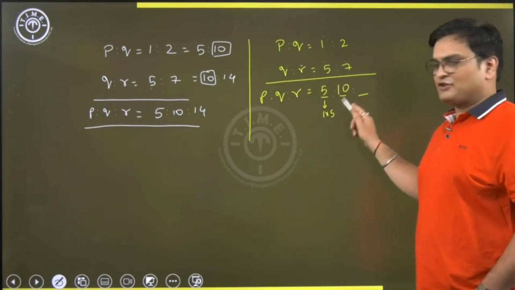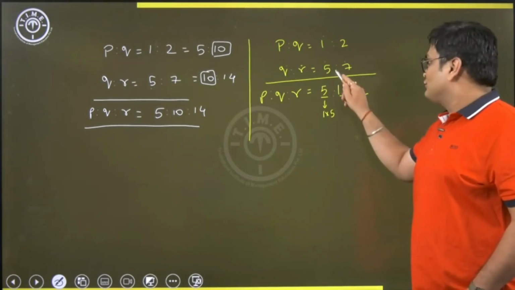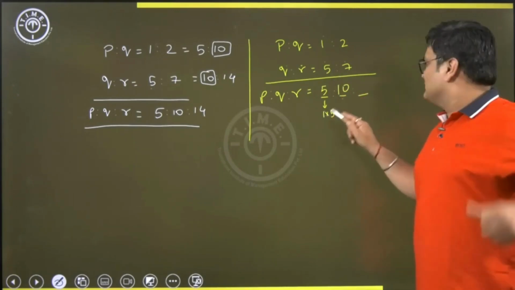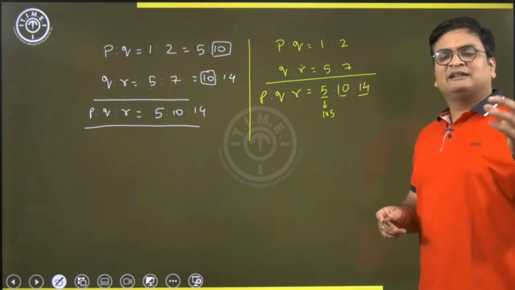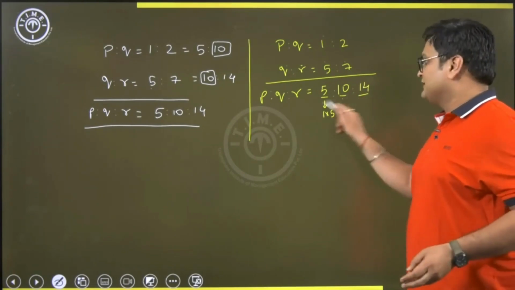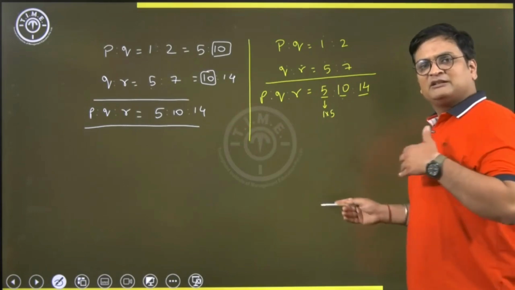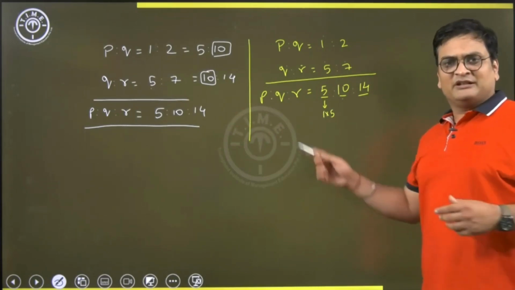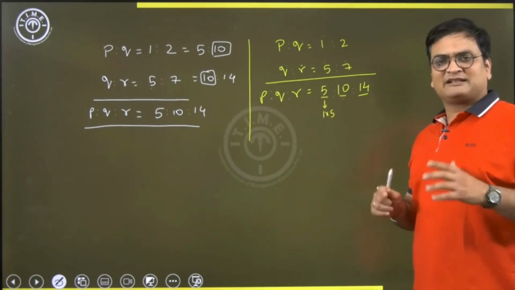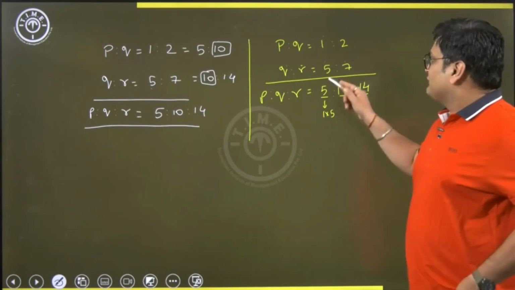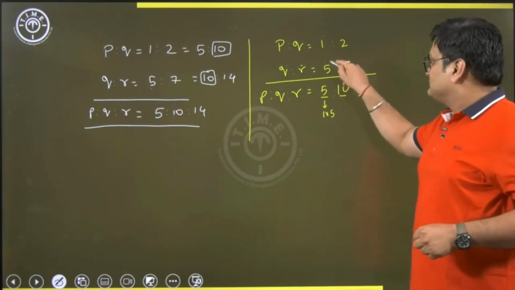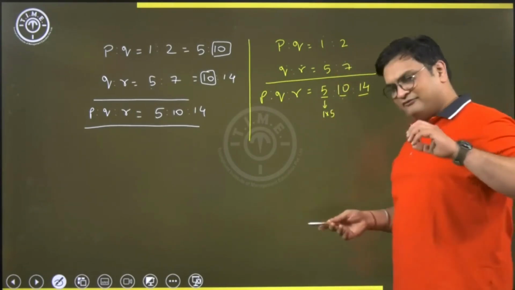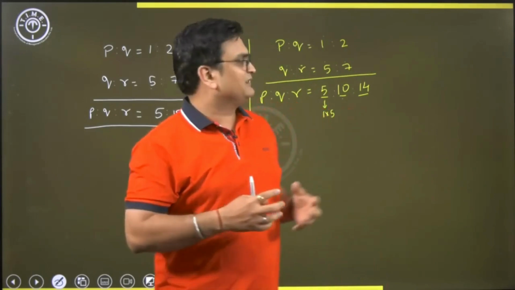Now in this mixed ratio, I notice that Q is 10, twice of 5. So here R will be twice of 7, which will be 14. And hence we can say the ratio PQR will be 5 is to 10 is to 14, the same value, but by an alternate, different approach. Here we didn't even look at what the middle term was. We just tried to find the value of P by multiplying all the first terms, and then we can fix up the values of the other variables this way.